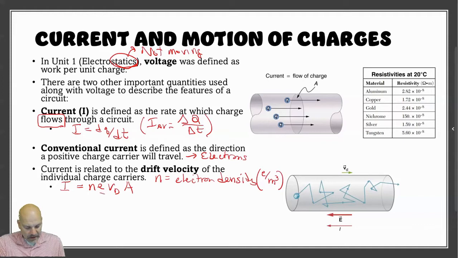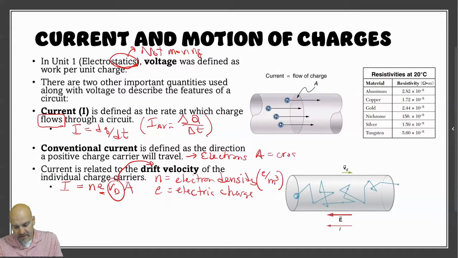The e is simply the electric charge, 1.6 times 10 to the negative 19th coulombs. v sub d is our drift velocity. A lot of times in questions this is what you're going to be solving for, how fast those electrons are moving. And A is the cross-sectional area that they're moving through.